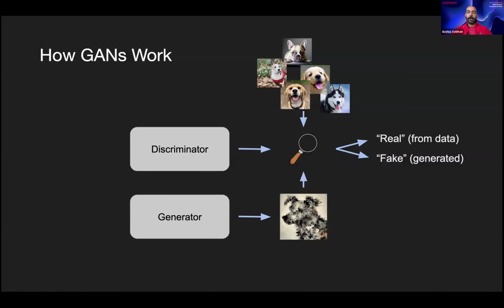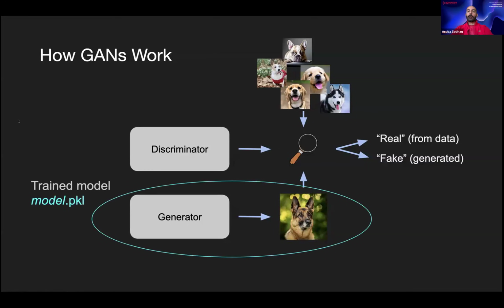Throughout this adversarial algorithm, we will eventually get to a point where the generator becomes really good at generating images that look close to the original domain. And then the discriminator will be somehow 50-50 because it's now really close and it cannot really confidently say whether or not it's generated or comes from the data set.